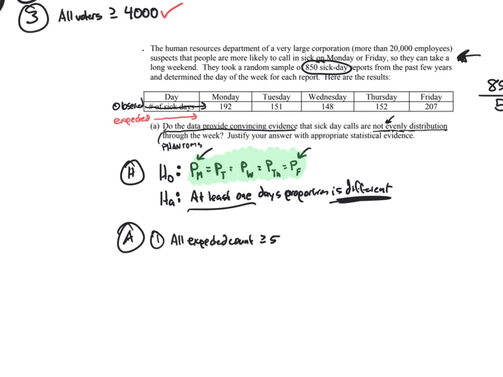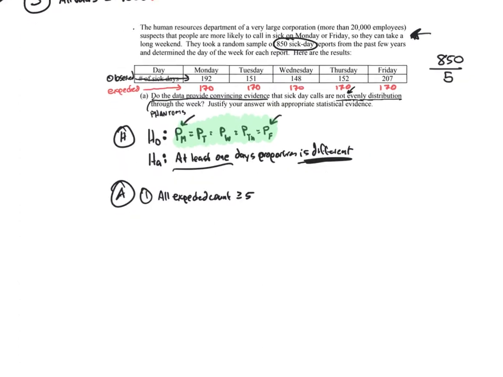So if they were all the same, based on the null hypothesis, I would expect to see 170, 170, 170, 170, and 170. That would be the expectation, right?